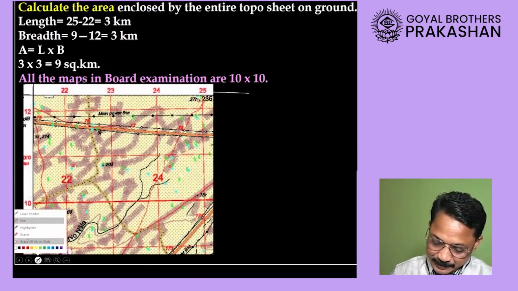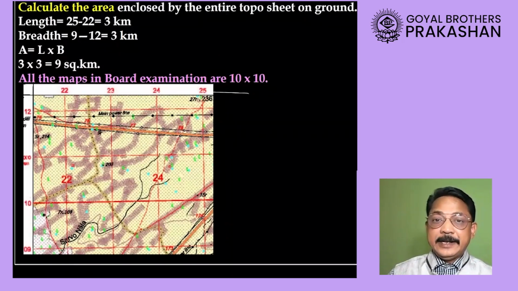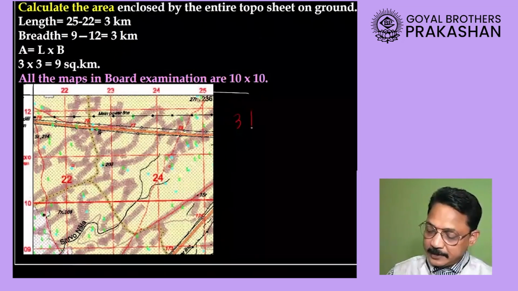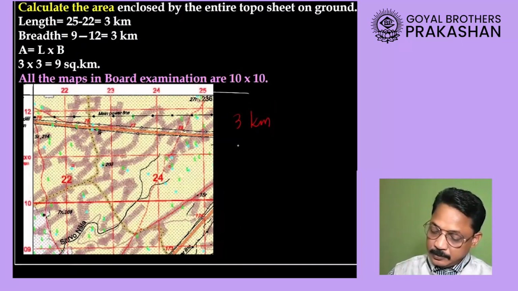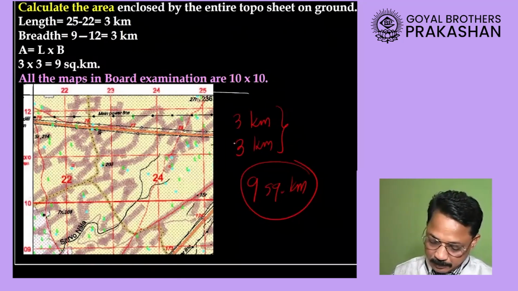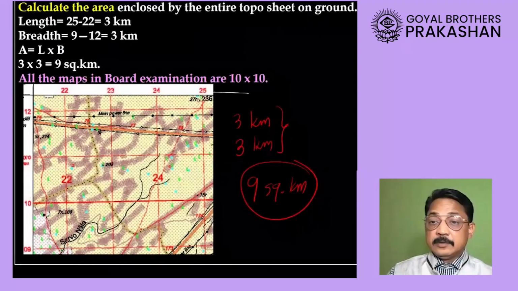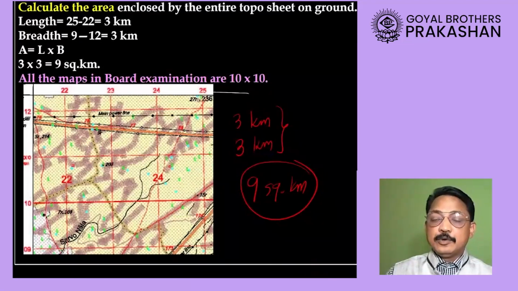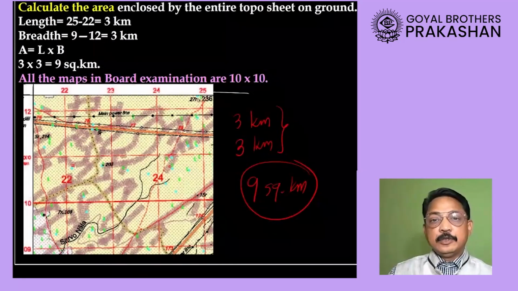So if we have to calculate the area here, 3 kilometer is the length, 3 kilometer is the breadth. So 3 multiplied by 3 will give you 9 square kilometer as the area of the region which is enclosed by the given eastings and given northings.